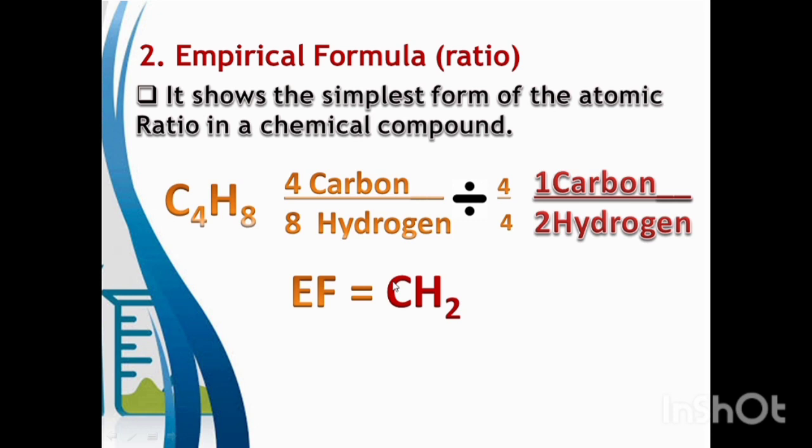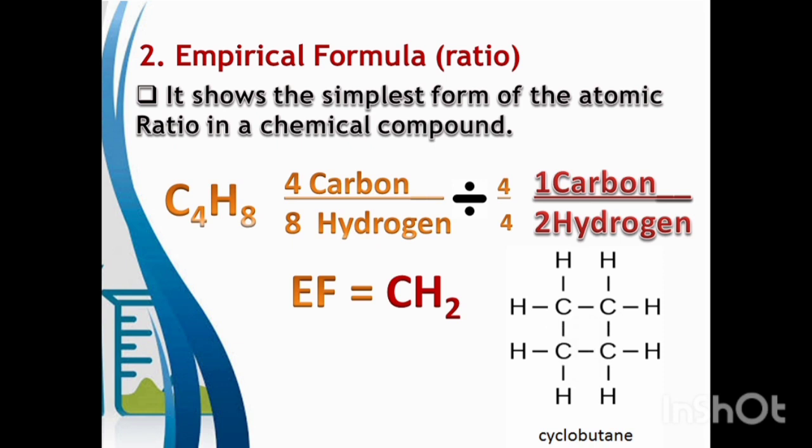So this is the simplest or most reduced formula, the empirical formula of cyclobutane. Cyclobutane has 4 carbons and 8 hydrogen.